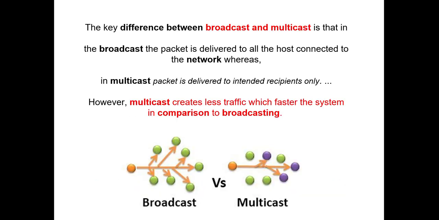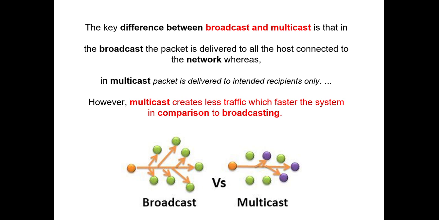So just see this diagram, a small difference. Here in this diagram, we represent both the broadcast and multicast nature. In broadcast, the packet is delivered to all the hosts connected to the network, that is, all devices directly connected to the network receive the messages simultaneously.